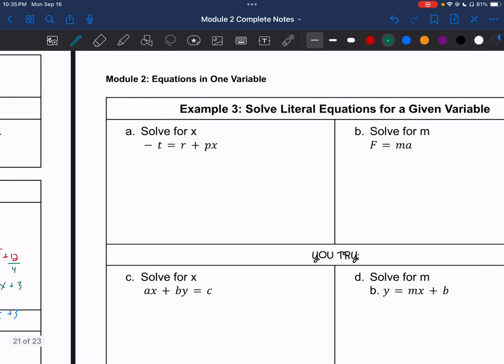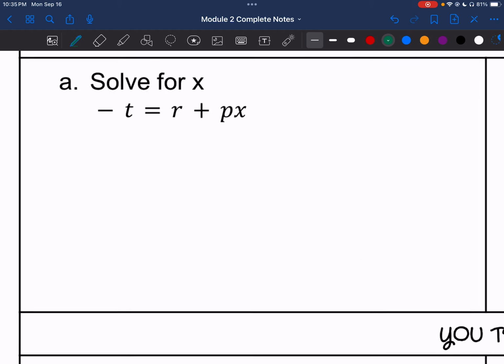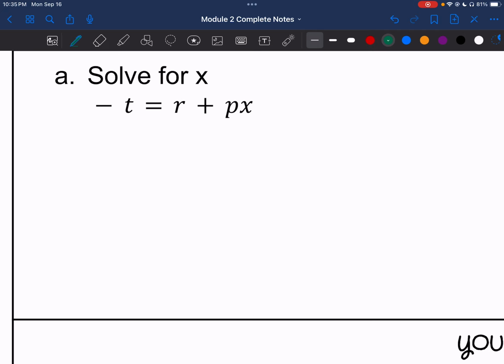So now we're going to go to the next page, and we're going to solve a literal equation for the given variable. Now, these are a little tricky, and for 8th graders, they tend to be frustrating. However, if you were to just sit back and apply SADMEP as we have for every other problem that we've done this year so far, you're going to be able to solve these pretty easily. So we are told we're solving for x.